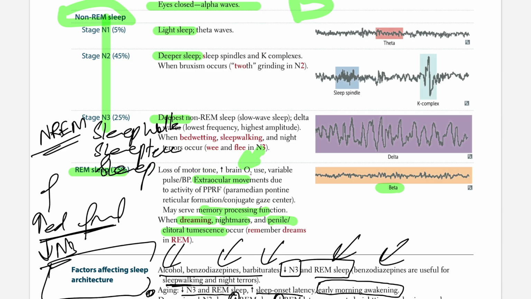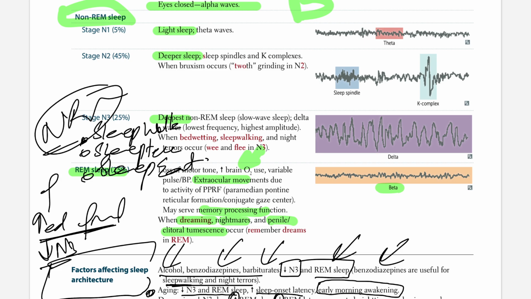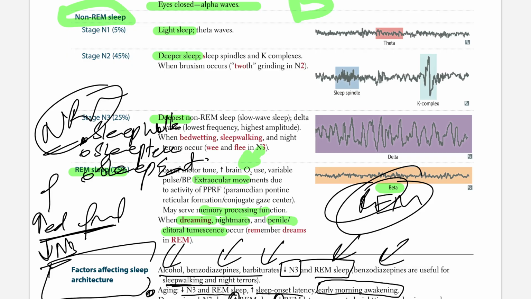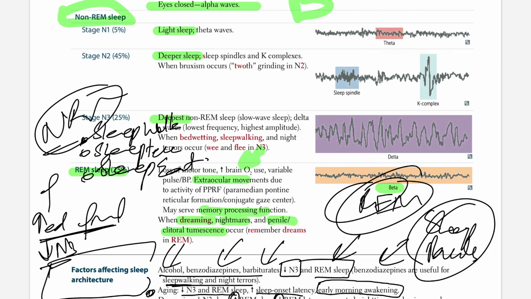So in any case, if you see a patient who has sleepwalking, sleep terrors, or even sleep eating, it's non-REM sleep. With REM sleep, it's all about only one thing. It's all about sleep paralysis. Okay, that's one thing.